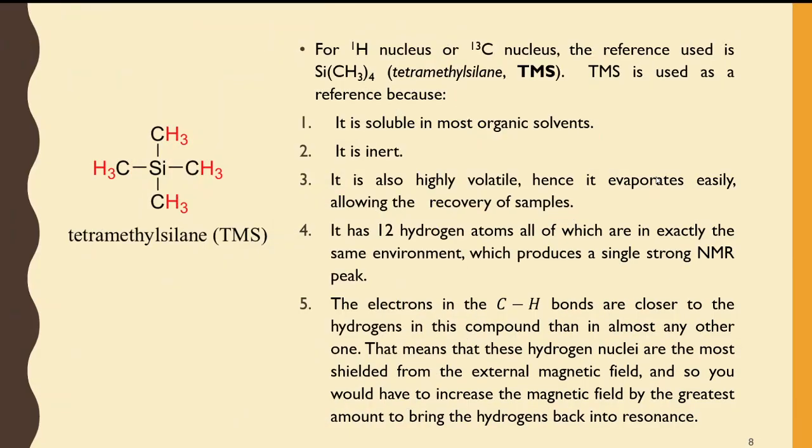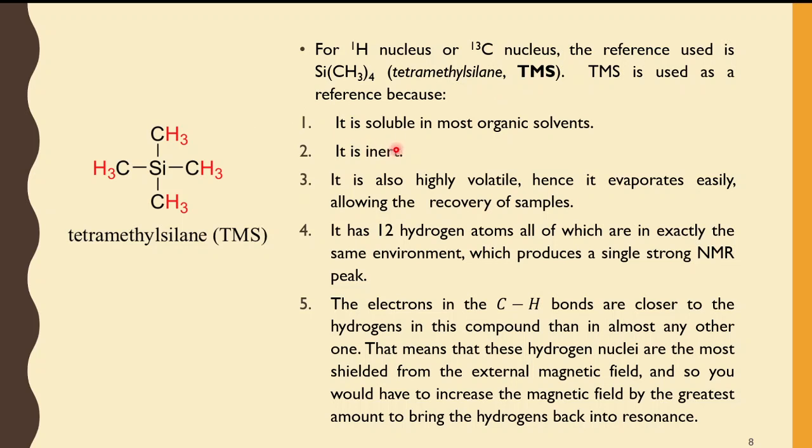Okay, so why is tetramethylsilane used as the reference? It's because when you put it along with your sample, you want to make sure that it doesn't disturb the signal of your sample. TMS is soluble in most organic solvents.